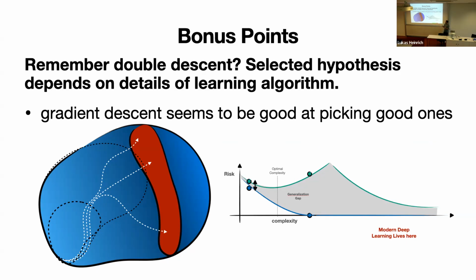And so now it really depends on how you did the optimization. It actually turns out this entire phenomenon that you have the second descent is very tightly linked to the fact that you use gradient descent as the optimization algorithm. If you use brute force or some other random walk, you would not see this. But if you use gradient descent, it has the right what's called implicit bias to pick out a good solution for you. And so that's quite interesting.